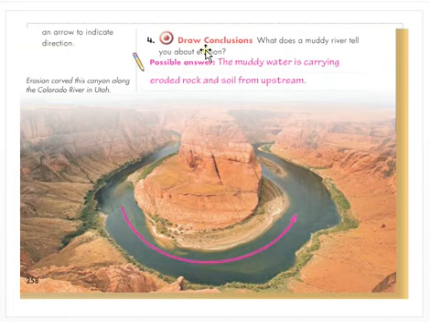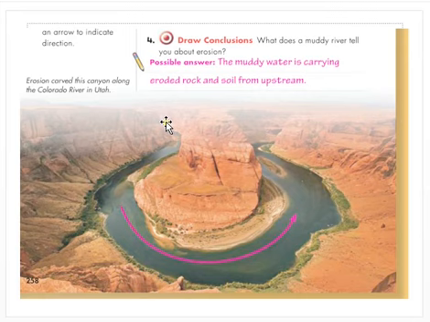It says here in question number 4, draw conclusions. What does a muddy river tell you about erosion? Okay, this is an example of a muddy river. Possible answer: the muddy water is carrying eroded rock and soil from upstream. So from this area, it's a river. Another part of the river is here.